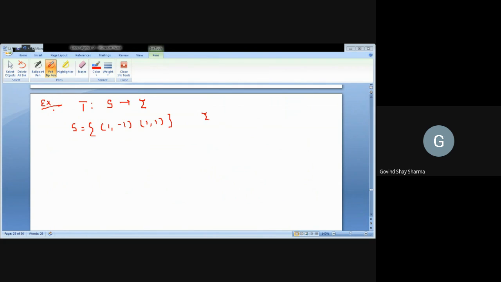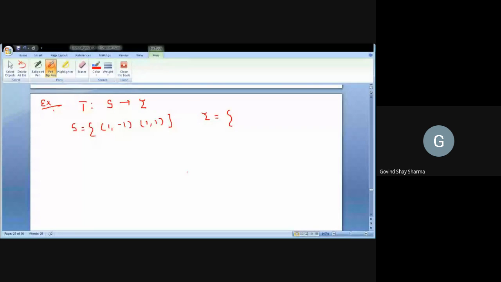And the basis of R2 is given: (1, 0), (0, -1), (1, 0), (0, -1). And T is the same: T(x1, x2) is equal to (x1 + 2x2, x1 - x2). This is our T.